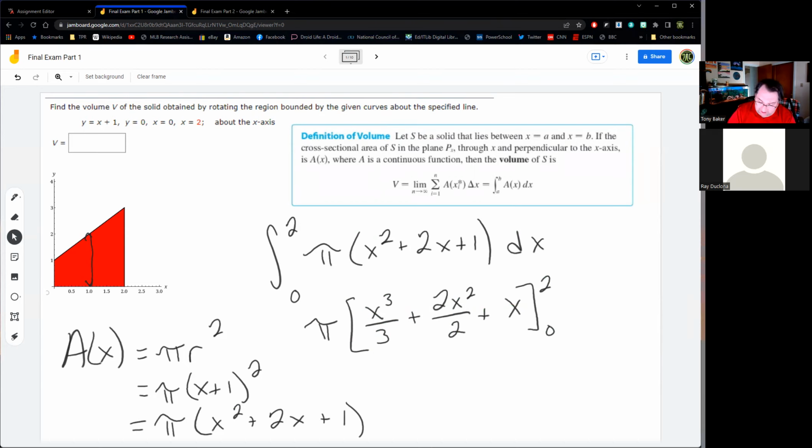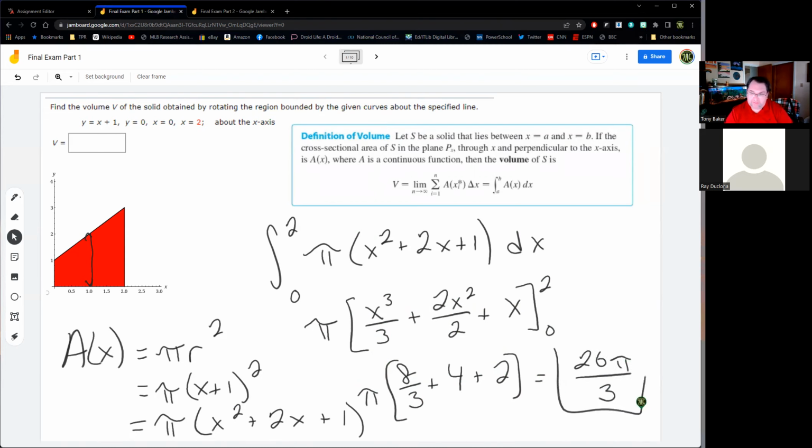So I've got 2 to the third, which is 8, so I've got 8 thirds plus 4 plus 2. My final answer is 26 pi over 3. Remember, whenever you're doing your area, it's rotating, so it's a circle. That's where the pi r squared comes into play.